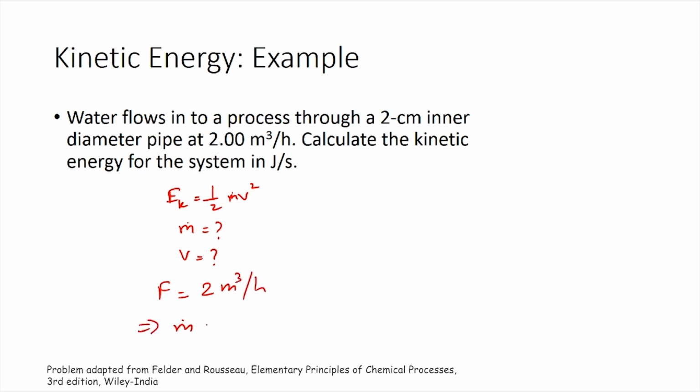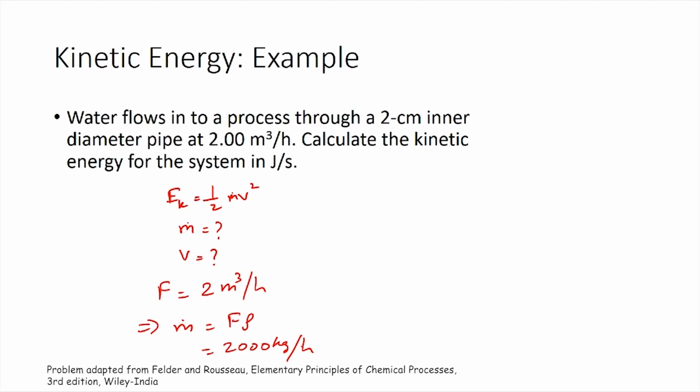This implies mass flow rate would be volumetric flow rate times density. The density of water is 1000 kilograms per meter cube. So, you get 2000 kilograms per hour. However, the question asks us to calculate kinetic energy in terms of joules per second.